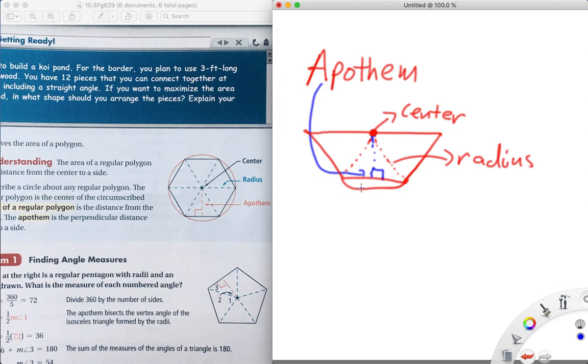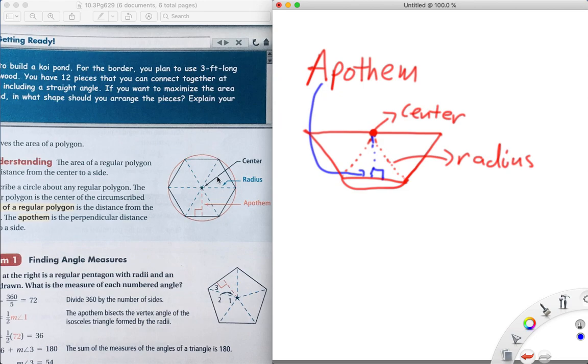Also note, if we look back at our original picture, we have a hexagon, which is 6 sides. When we cut up our hexagon with our radii, here's a radius, together we call them radii, it forms a triangle.